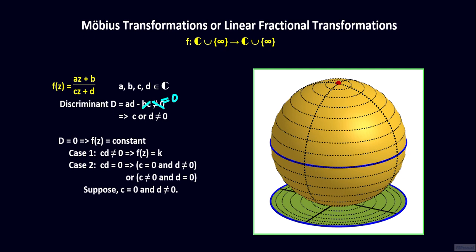And so bc is 0, and so is cz. And since ad minus bc equals 0, ad must be equal to 0. It follows that a equals 0 since d is non-zero. And so f of z equals another constant, b over d.